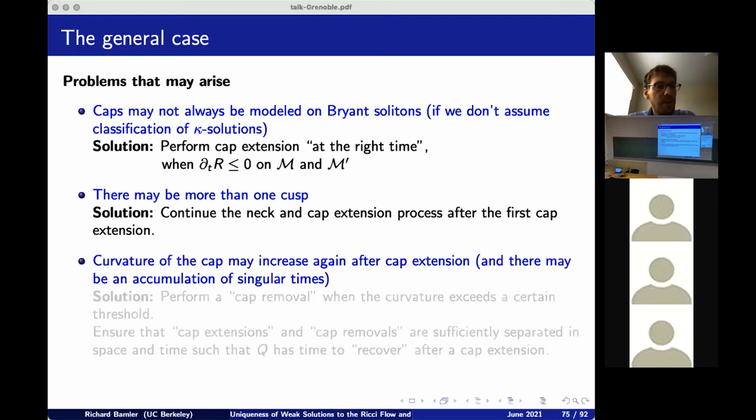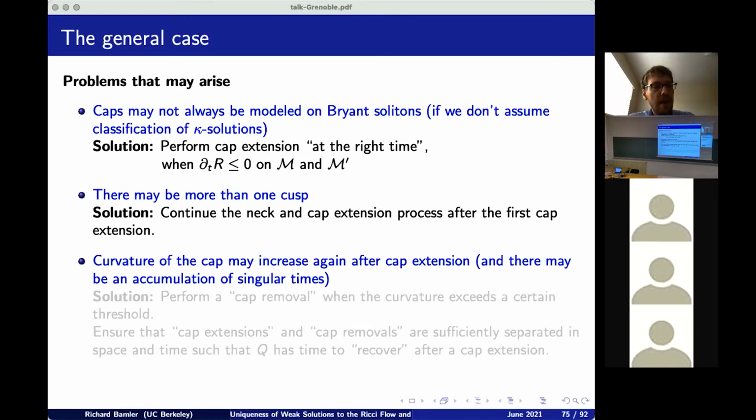The other problem is that after we've performed a cap extension, the same tip may run back into a singularity and may become singular again, or the curvature may just increase, so that we won't be able to perform our usual estimates.